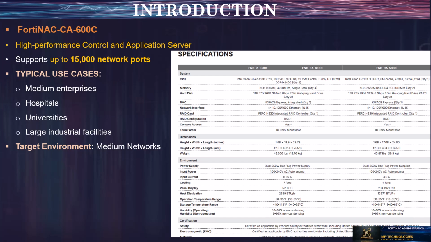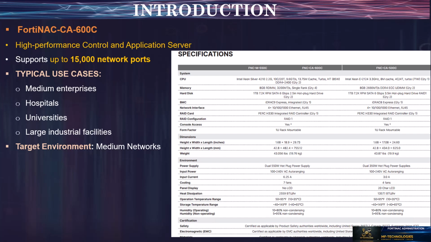This appliance is commonly deployed in organizations such as hospitals, universities, medium-sized enterprises, and manufacturing facilities, where thousands of endpoints must be managed simultaneously. This environment often includes a mixture of traditional IT devices, wireless users, Internet of Things equipment, and sometimes operational technology (OT) devices as well.